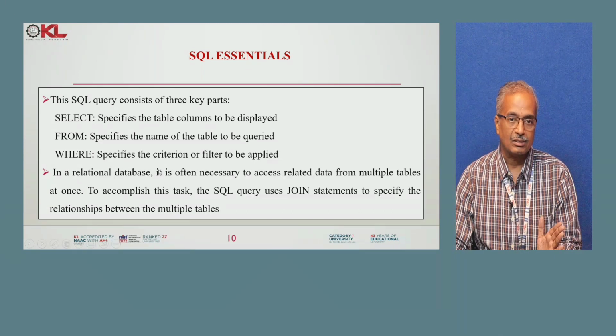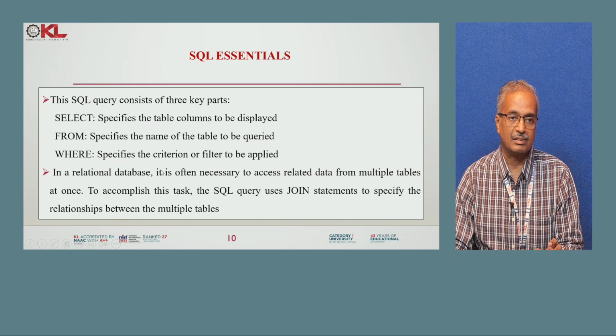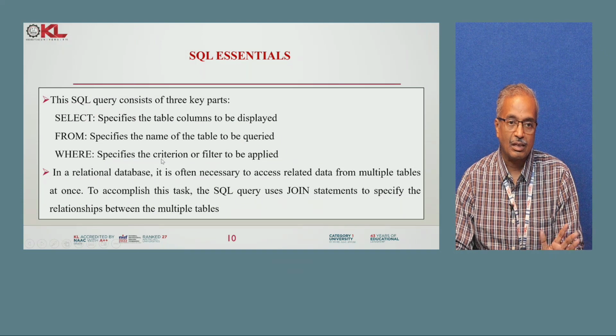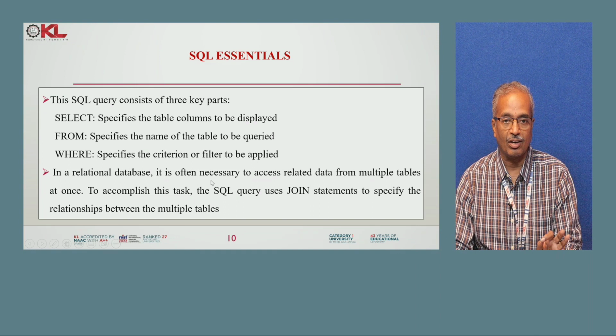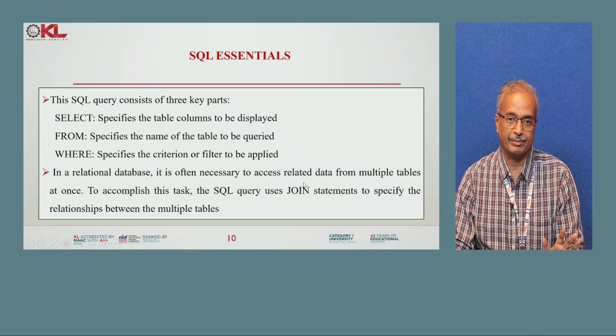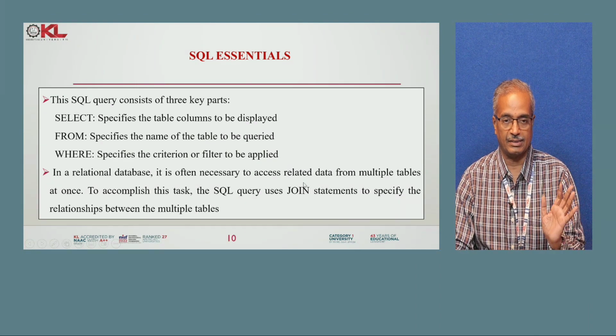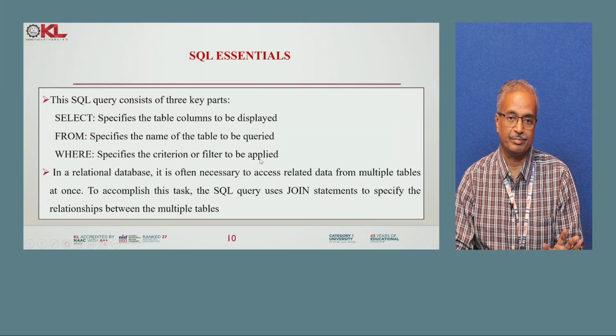From refers to which table you want to select from. The third one, where, specifies the criterion or filter to be applied. I mean some conditions, some constraints we can mention.